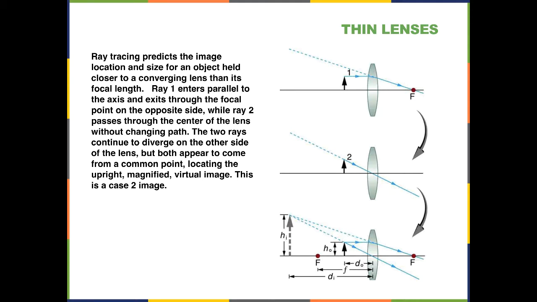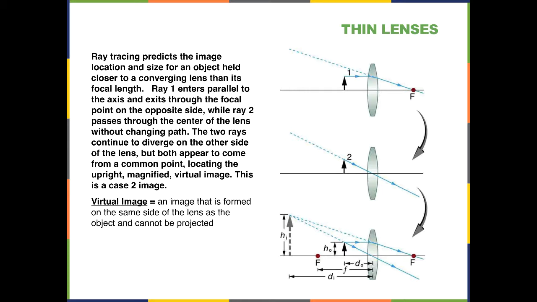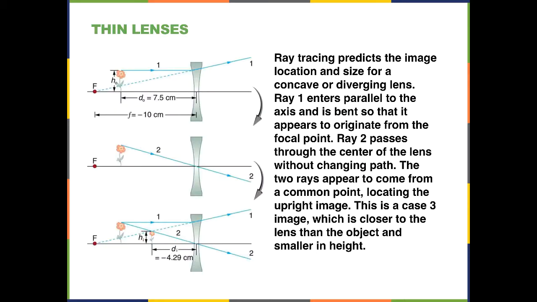You can see that it's magnified and that it is farther away, beyond the focal length, where the actual object is within the focal length. A virtual image is an image that is formed on the same side of the lens as the object, and because of that, it cannot be projected.